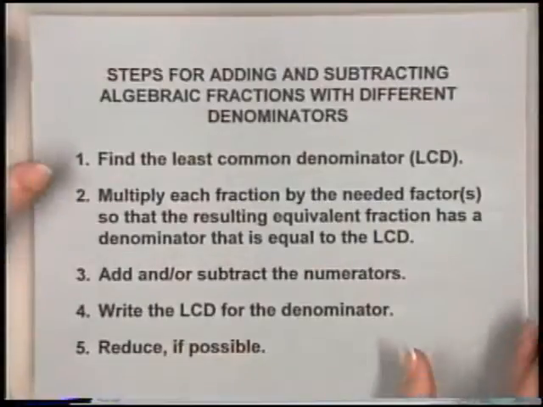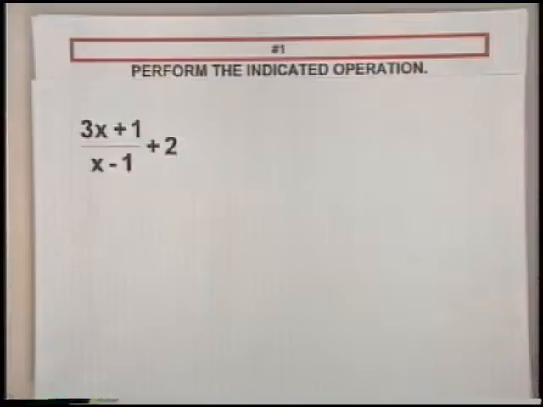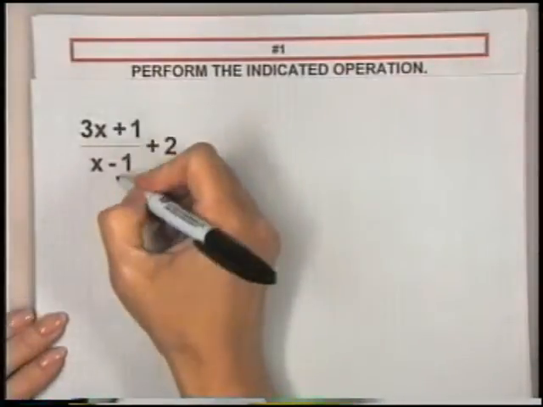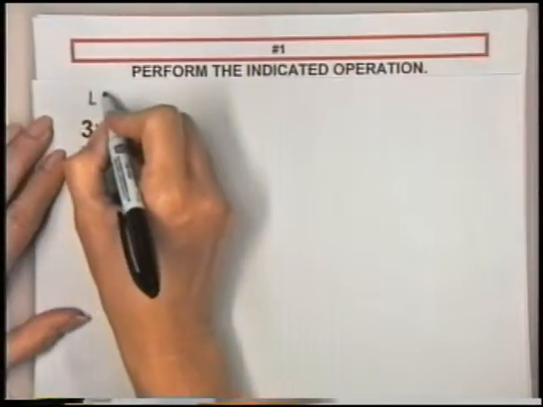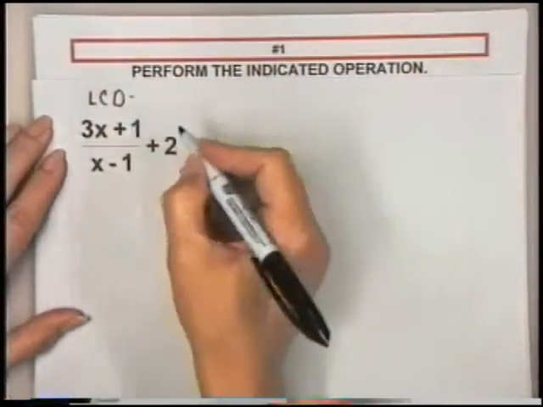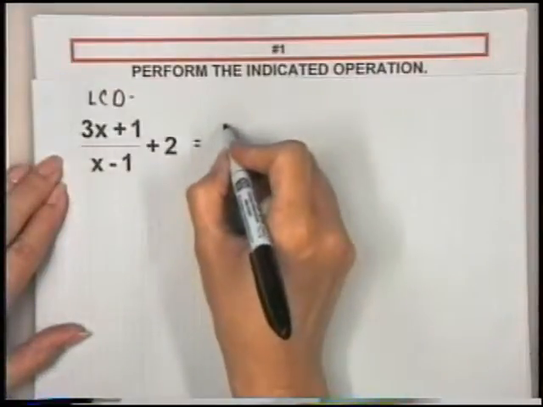Let's begin with problem number 1. Perform the indicated operation. The operation is addition. We are adding a fraction to a whole number. We want to find the LCD. We will rewrite this problem.